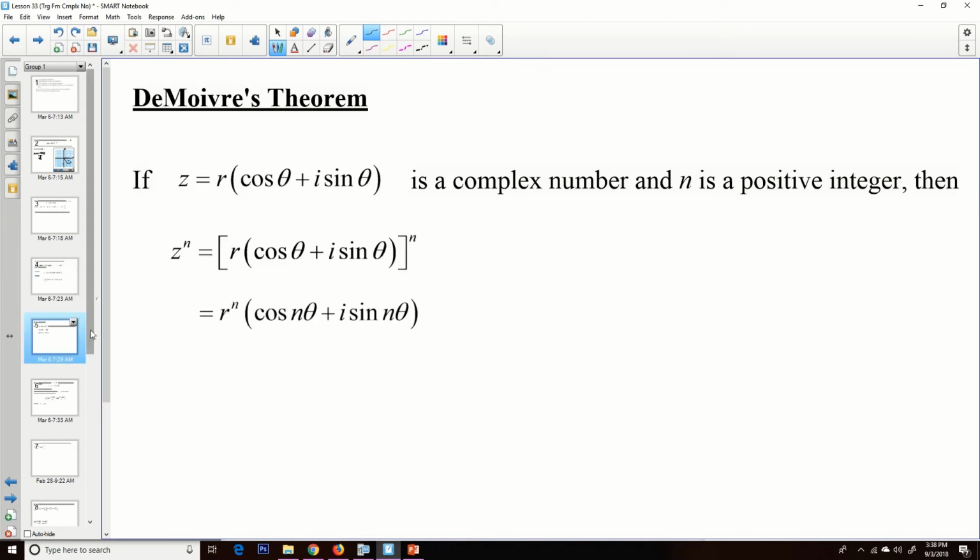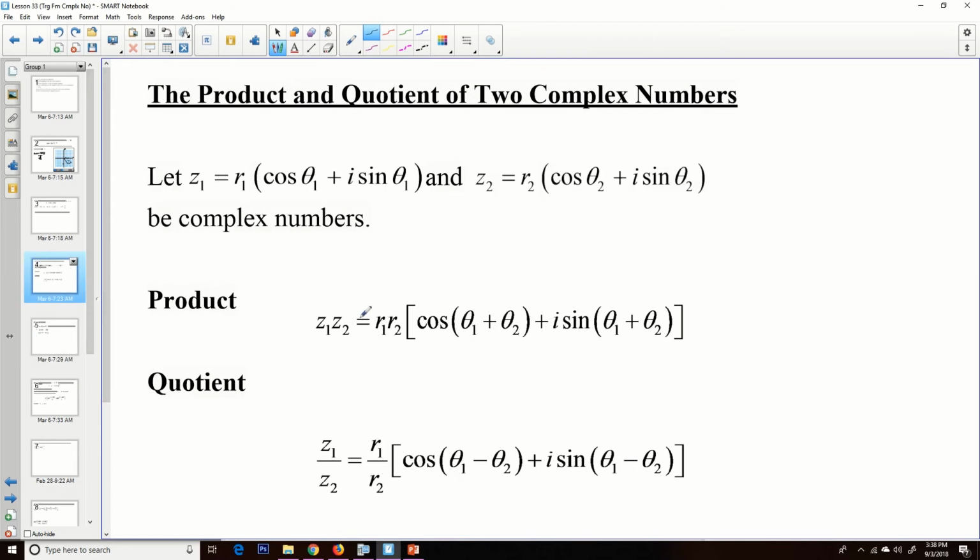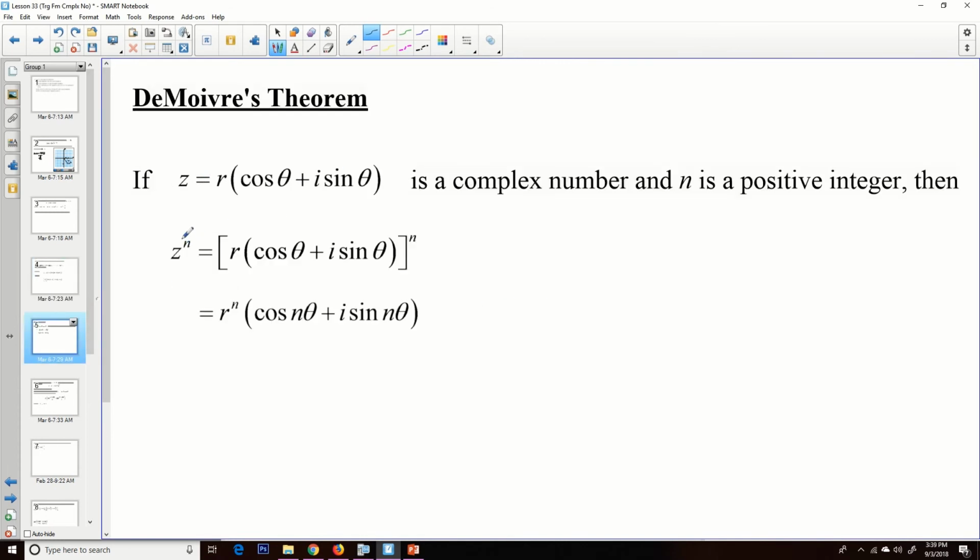And then finally, de Moivre's theorem is just an extension of this product rule right here. If I want to raise a complex number z to the n power, then all I have to do is raise the modulus to the n power, and then I'm going to multiply the argument by whatever that n is.